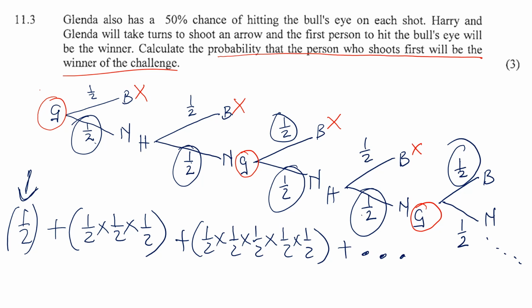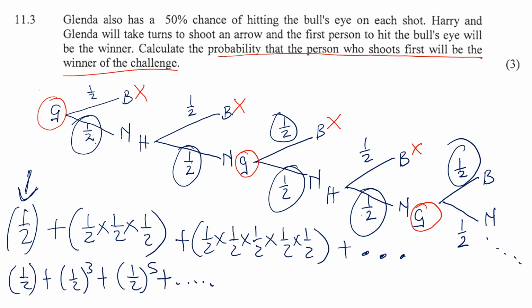That's why this question is very difficult to comprehend, because it gives you that sum to infinity of the probabilities of the person that we are calling first to be the winner, the one who hit. So you do it by cases like this. You realize this is 1/2, this is 1/2 exponent 3, and this is 1/2 exponent 5. And we are adding this to infinity.